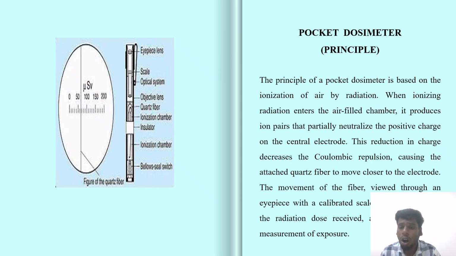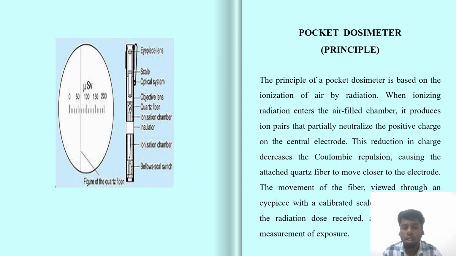This causes a reduction in charge and a decrease in Coulombic repulsion, so the quartz fiber moves closer to the electrode. The movement of the fiber can be viewed through the eyepiece with a calibrated scale. From that we can identify how much dose exposure has been absorbed by the dosimeter.